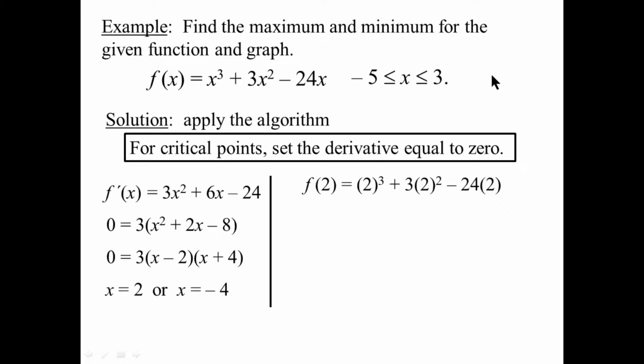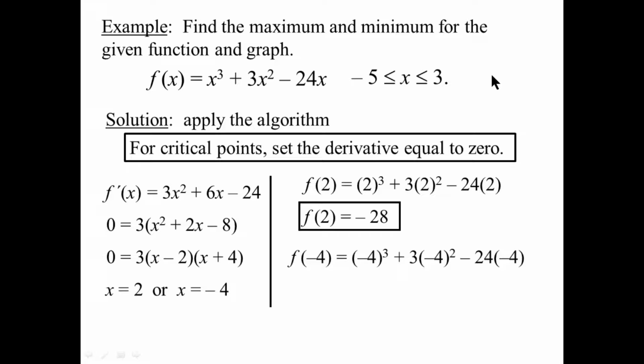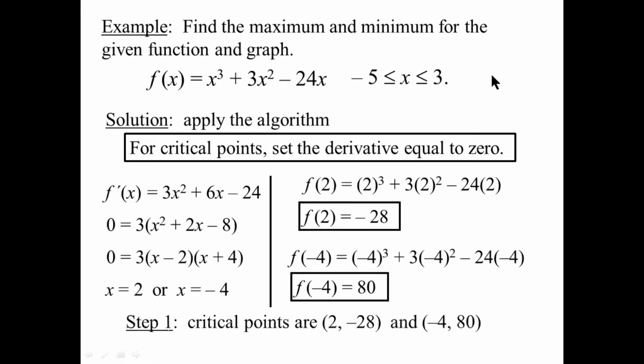For x equals 2, y equals f of 2, and that is -28. And for x equals -4, y equals f of -4, and that is 80. So we have critical points, 2, -28, and -4, 80.